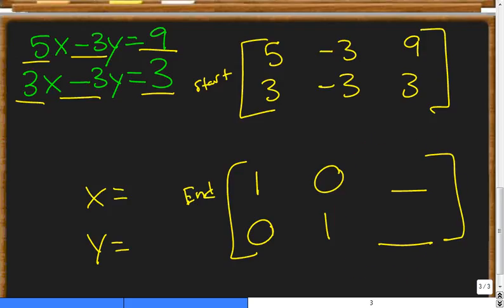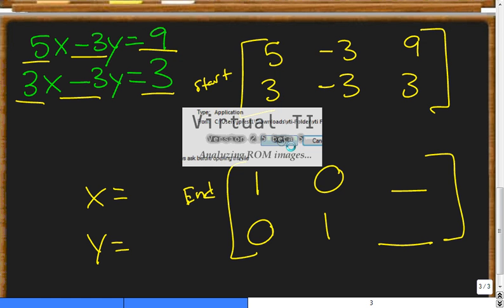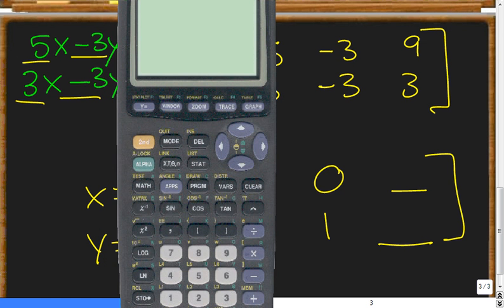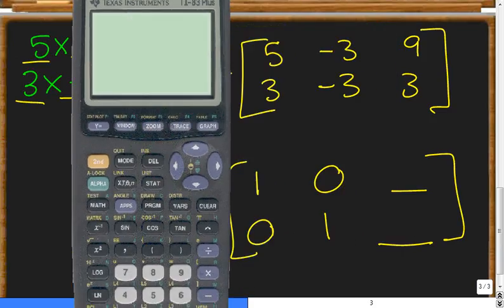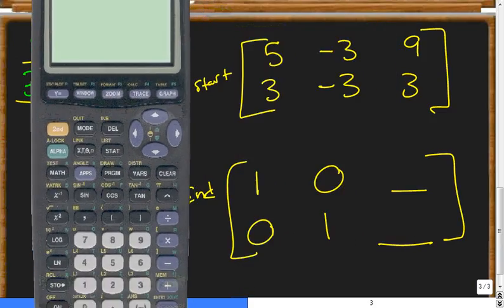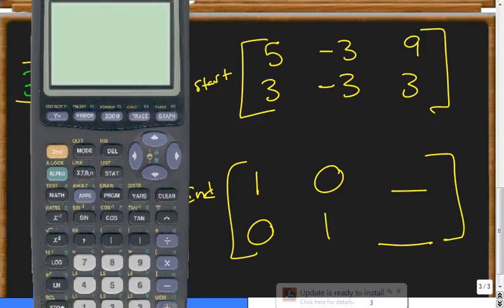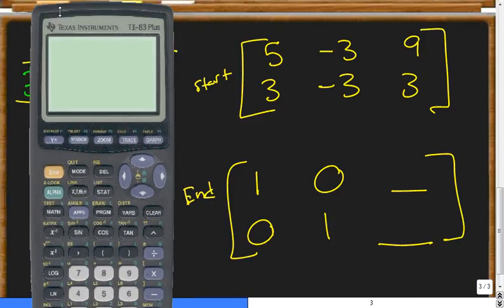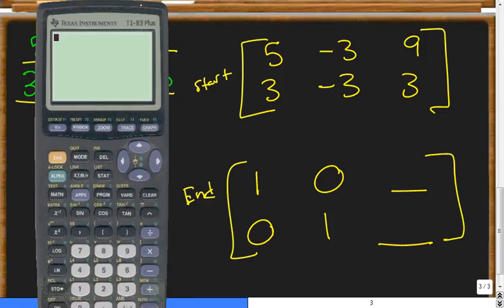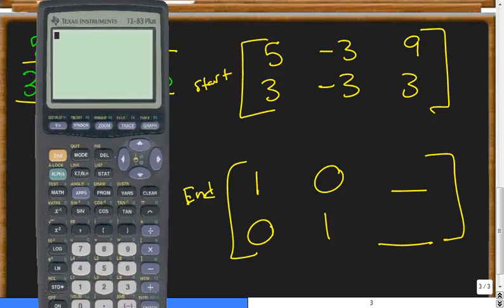So I'm going to load up my calculator and type in my information here. Okay, so I need to enter my matrices.